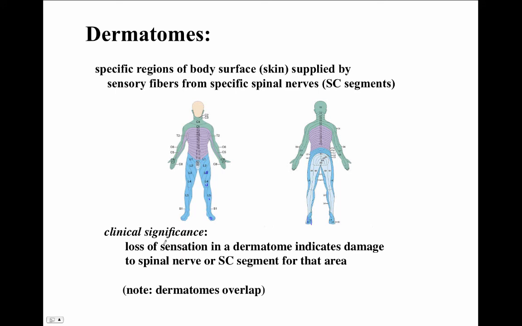So again, dermatomes are a clinical tool that can show damage to the spinal cord. Some of these dermatomes do overlap. That just is one of the things that we see with continuous nerve feed into certain portions of the body.